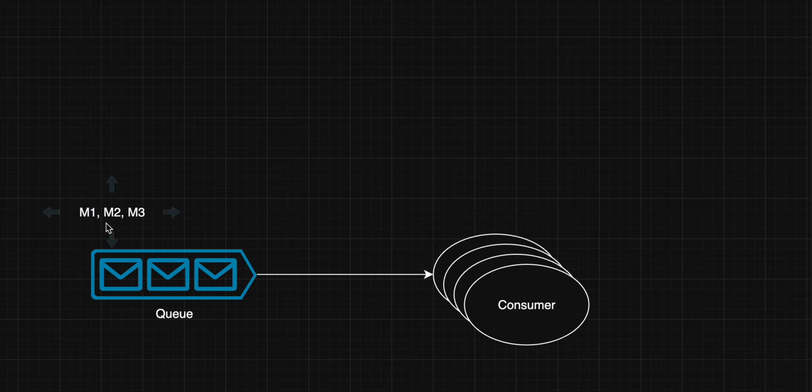You push three messages at the same time. The first instance will pick M1, the second instance will pick M2, and the third will pick M3. All three will be consumed. As soon as these three consumers mark them as acknowledged, the messages will not be found in the queue, and neither in the consumer. So this message is not saved anywhere.